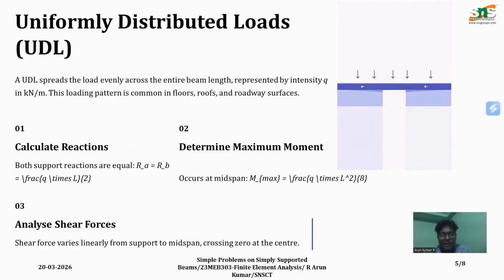This load pattern is common on floors, roofs, and roadway surfaces. We calculate the reactions, determine the maximum moment, and analyze the shear force. The shear force varies from the support to mid span, crossing zero at the center.